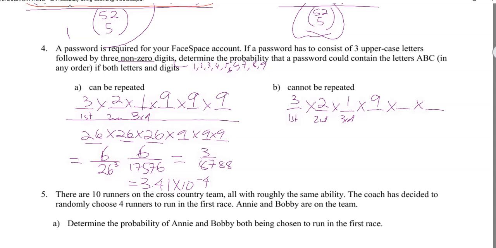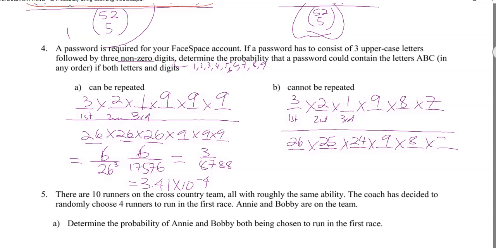9 choices for the first, we cannot repeat. Then 8, then 7, so it can't be 0. So this is favorable. You've got your ABC, and then you've got your 3 digits, no repetition. Here, 26, 25, 24, 9, 8, 7.